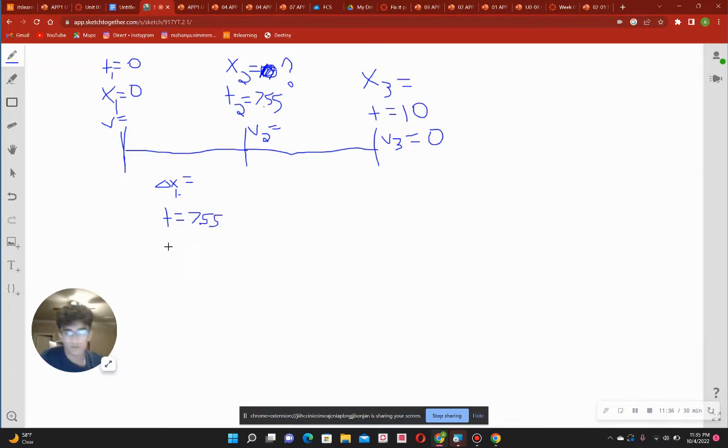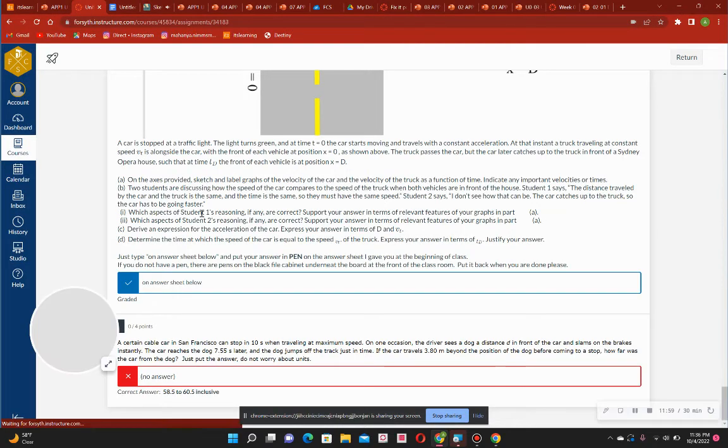And we don't know the acceleration either. Then over here, you know that the displacement over here. Actually, hold on. Let's go here.